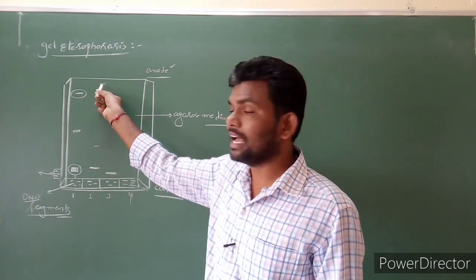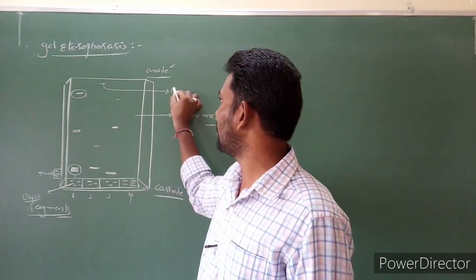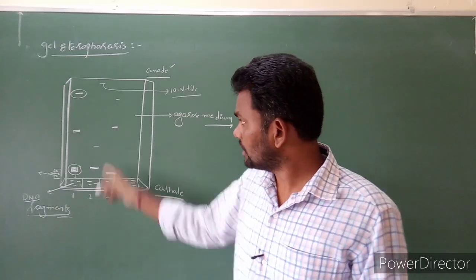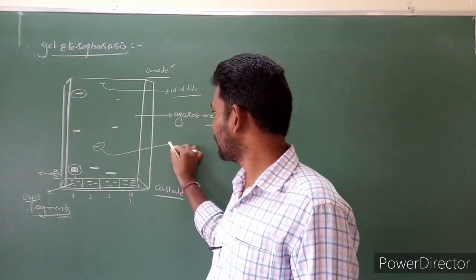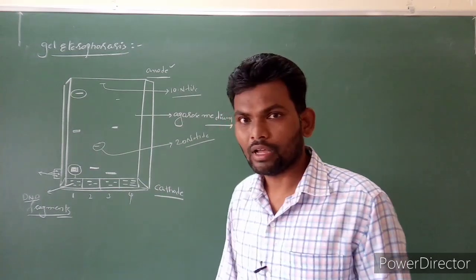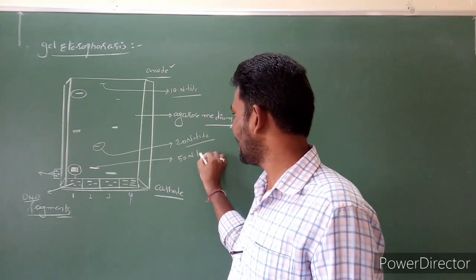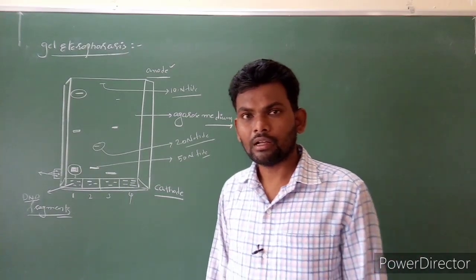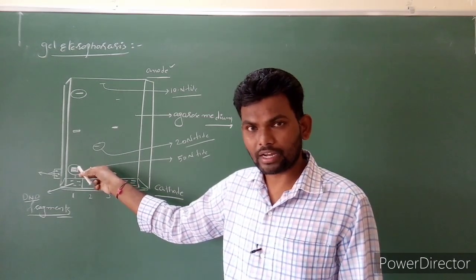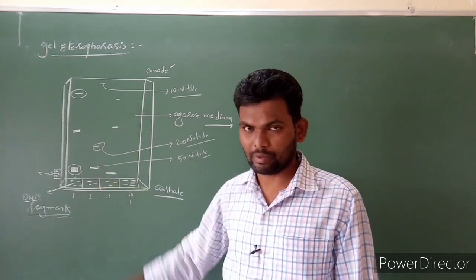It means it contains less amount of nucleotides. For example, this fragment contains only 10 nucleotides, this fragment contains, for example, 20 nucleotides, and this fragment contains nearly 50 nucleotides. Clear? Which contains more nucleotides or more weight does not move fast through the agar medium. Clear?